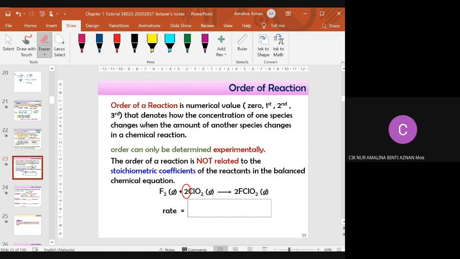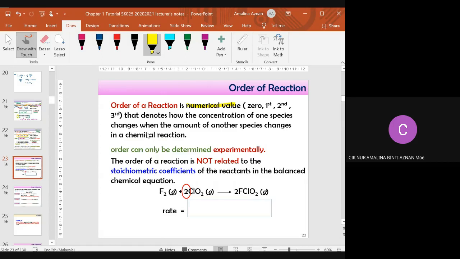Right. So what is order of reaction? Order of reaction is a numerical value. It can be zero order, first order, second order, third order, and so on. Order is tertib in Malay.